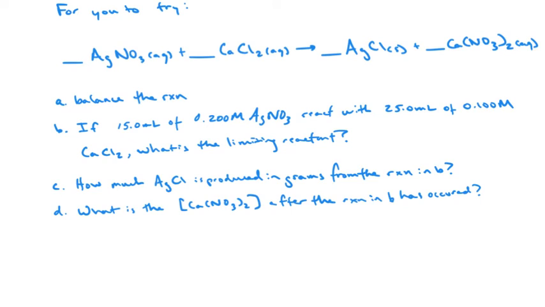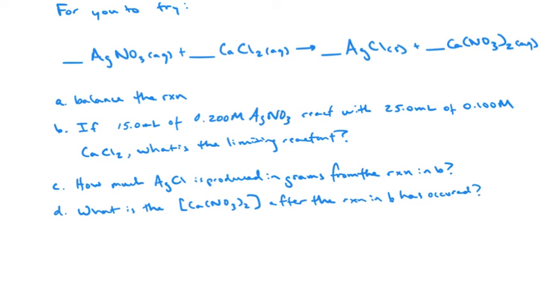Okay, so we're going to give this one to you to try, so you'll need to try this one in your notebook. First thing to do is to balance the reaction. Part A, balance the reaction. B, if 15.0 milliliters of 0.200 molar AgNO3 react with 25 milliliters of 0.100 molar CaCl2, what is the limiting reactant?